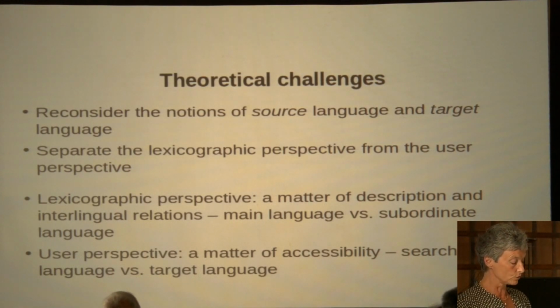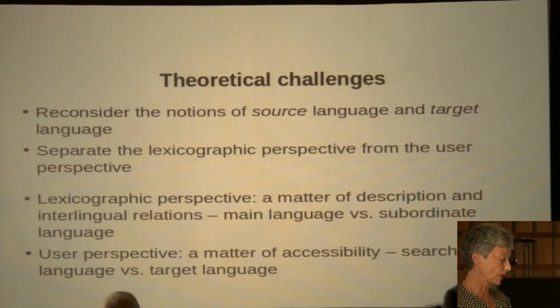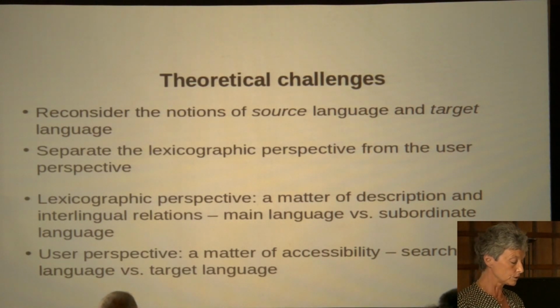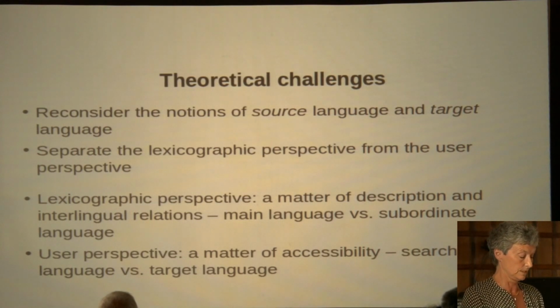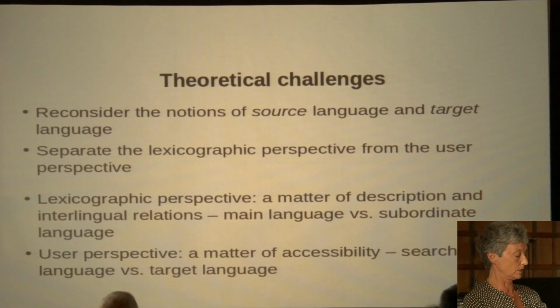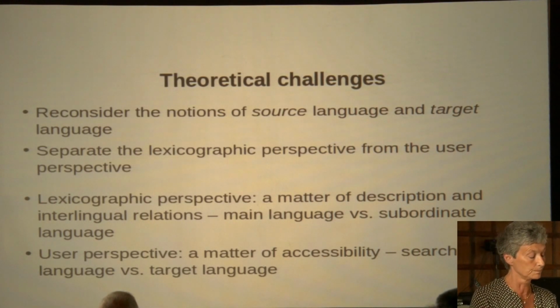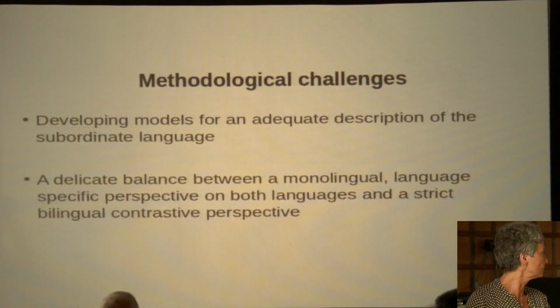It should rather focus on the contrastive perspective, highlighting language-specific features with respect not only to semantics but also regarding syntagmatic characteristics such as selectional restrictions and valency patterns, of course. This should mean a delicate balance between a monolingual, language-specific and a strict bilingual contrastive perspective.